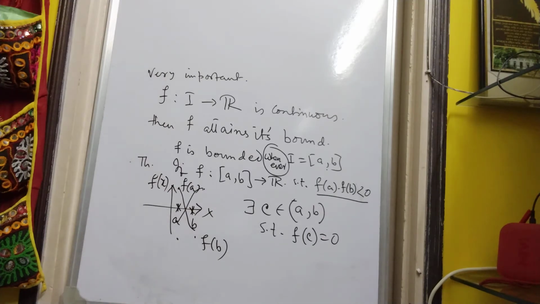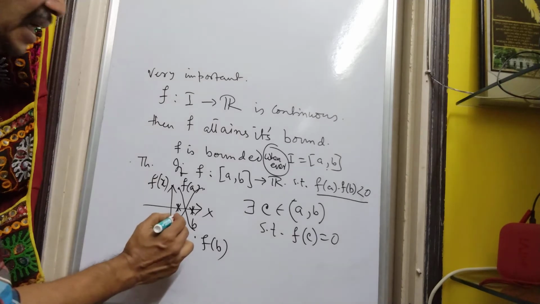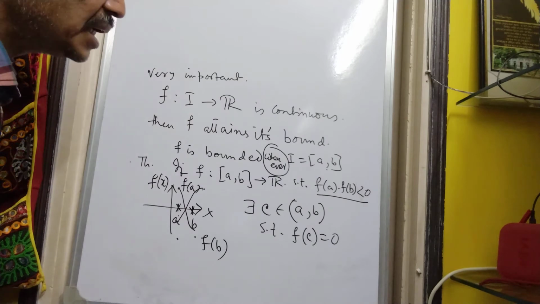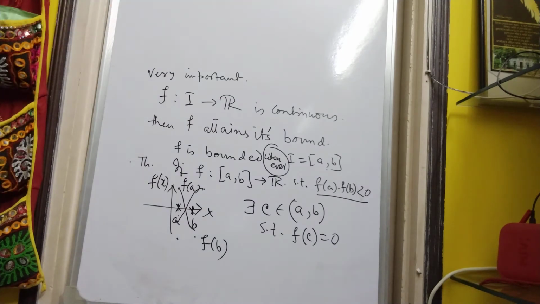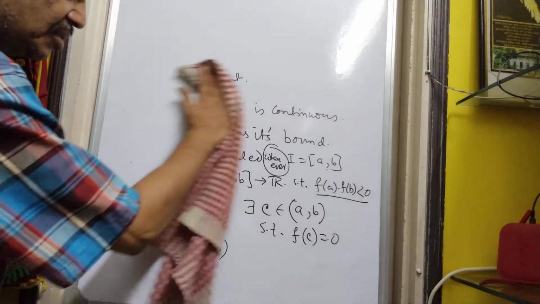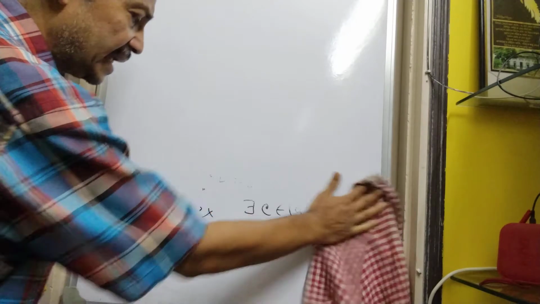Okay? From the figure, it's quite obvious, and it can be shown algebraically simply by the bisection method with the property of the nested interval theorem. You all know the technique which I will try to explain in a nutshell.